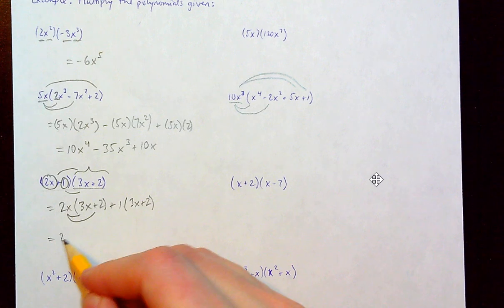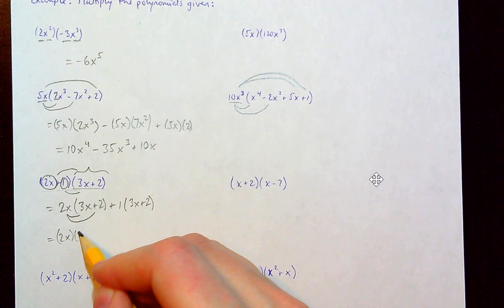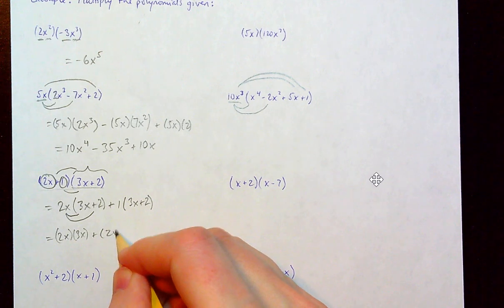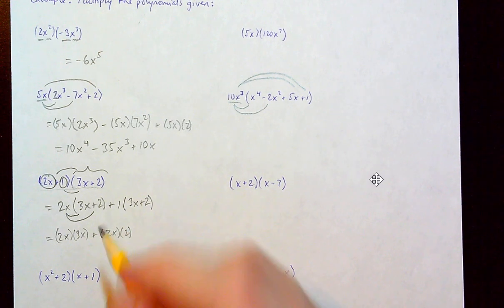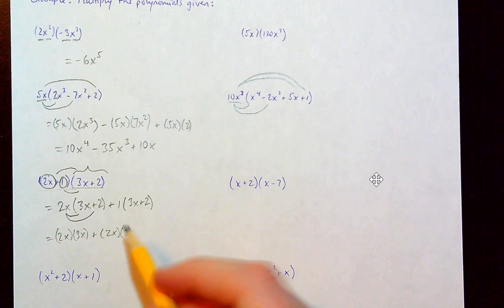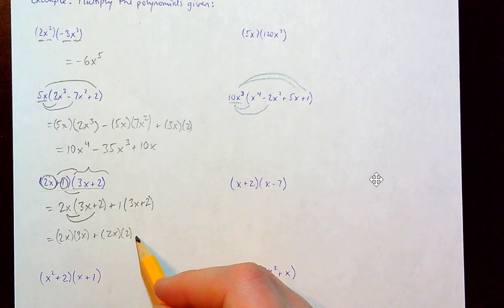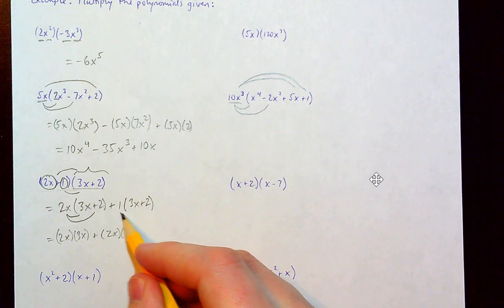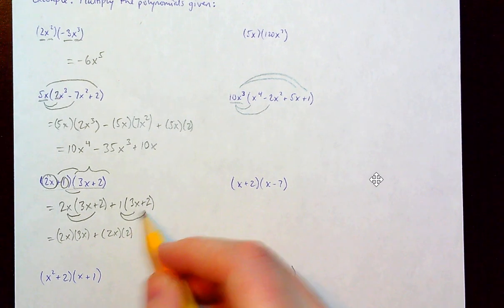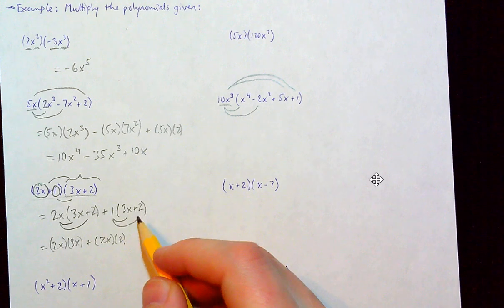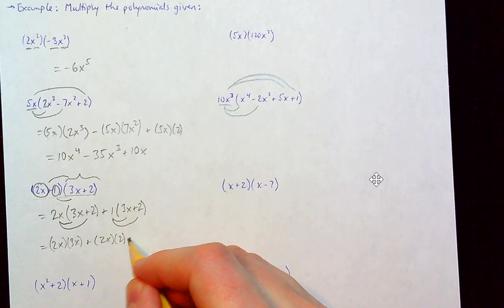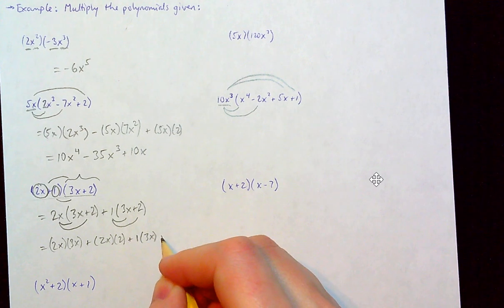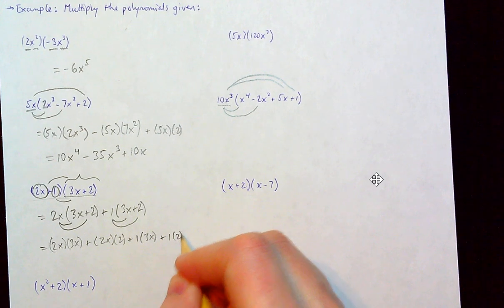So this gives me the 2x times the 3x plus the 2x times the 2. And then I'm going to do the same thing with the 1 times the 3x plus 2. I'll take the 1, I will distribute it into each term in here. So I have plus 1 times 3x plus 1 times 2.